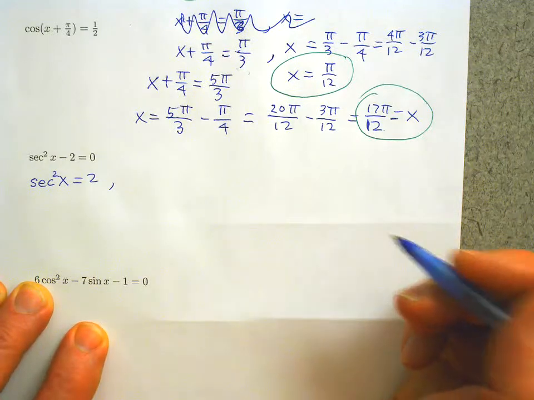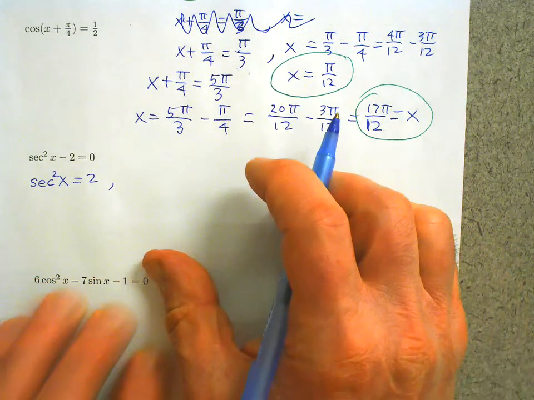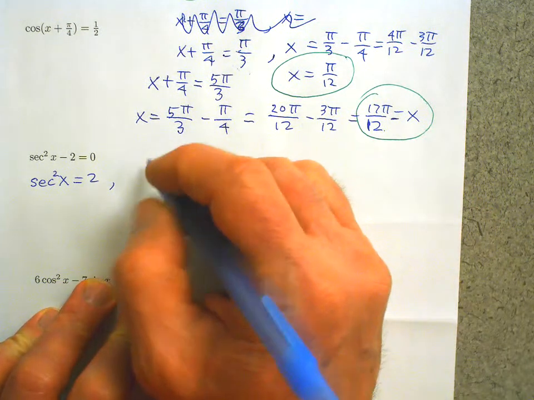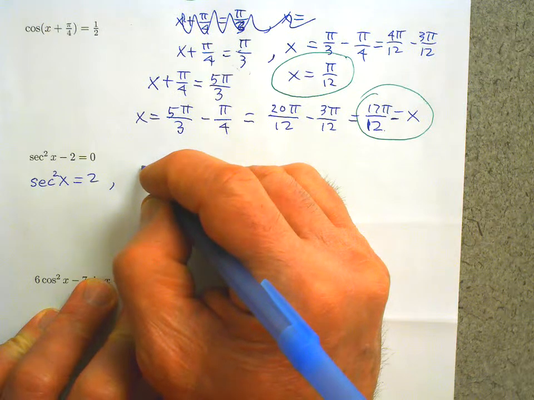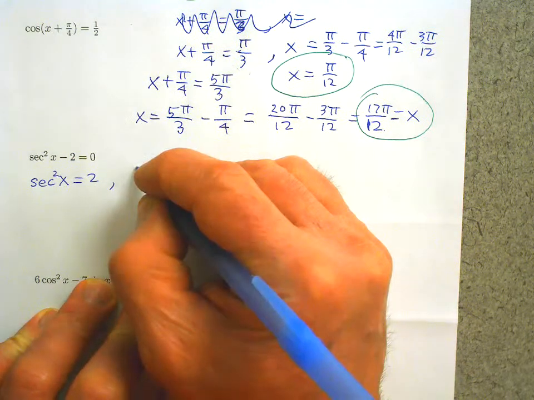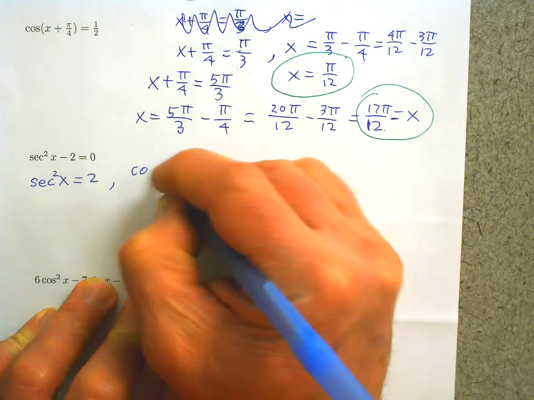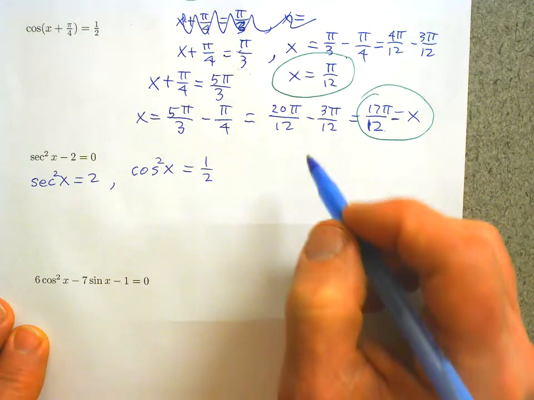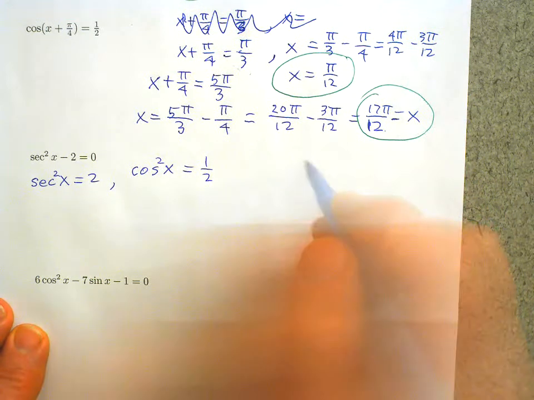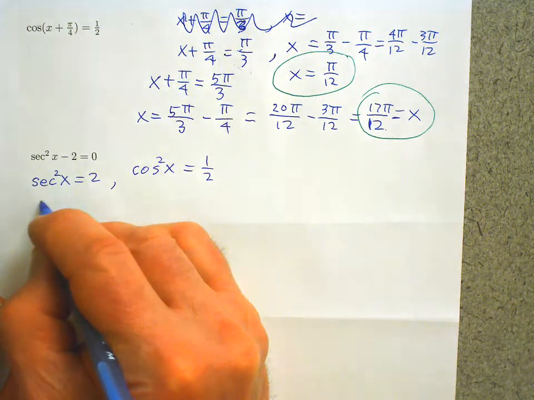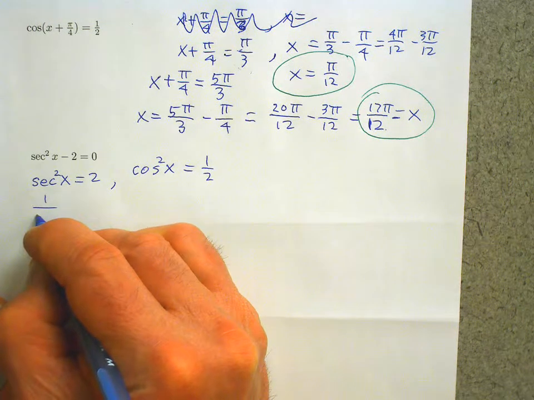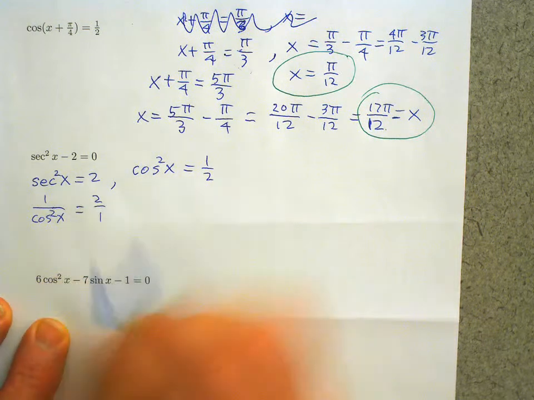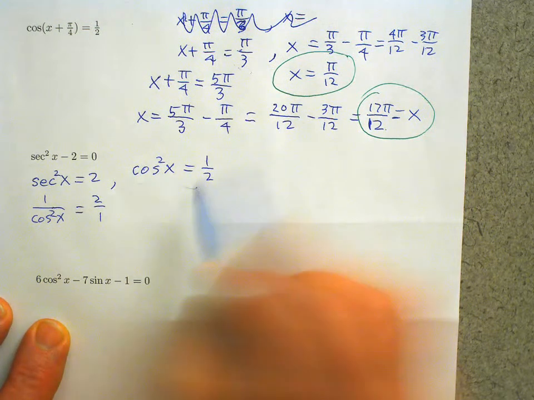Then if you write the reciprocal of both, this is equivalent to cosine of x squared equals 1/2. So a little bit more detail. Secant of x squared is 1 over cosine of x squared. 2 is 2 over 1. So if you just write the reciprocal, you get this equation.